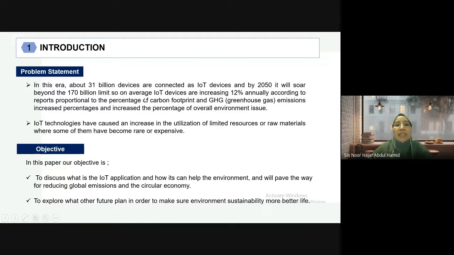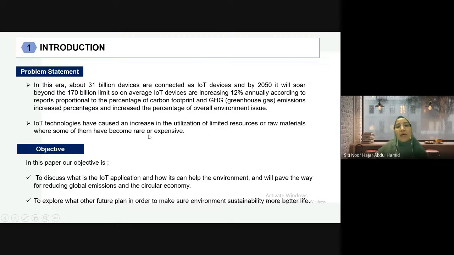On average, IoT devices are increasing about 12% annually, according to reports, proportional to the percentage of carbon footprint and greenhouse gas emissions, increasing the percentage of overall environmental issues directly.